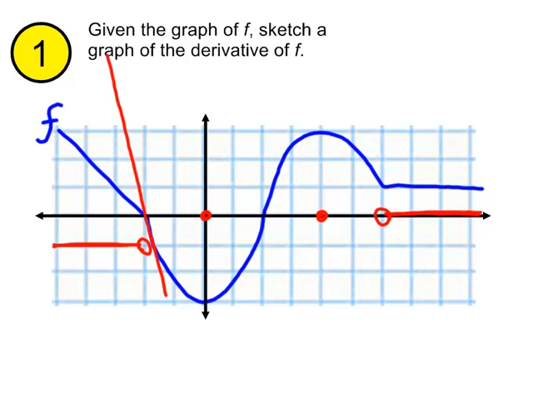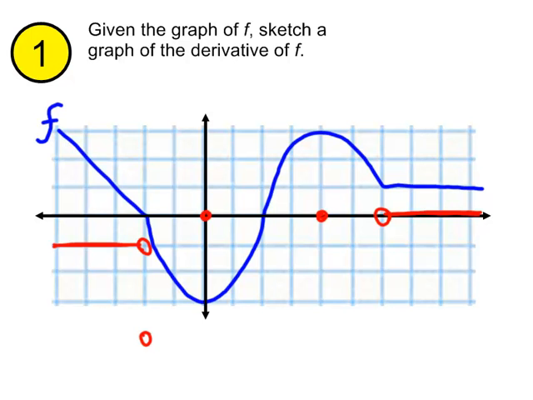If I try to figure out roughly what that slope is, I might look at a point here and say the slope is 1, 2, 3, 4 over 1, but it's going downhill, so negative 4. Now, if somebody else wanted to argue negative 5, or negative 3, that's reasonable, but we're not trying to get that level of precision here. We just want to get the general shape of this curve.